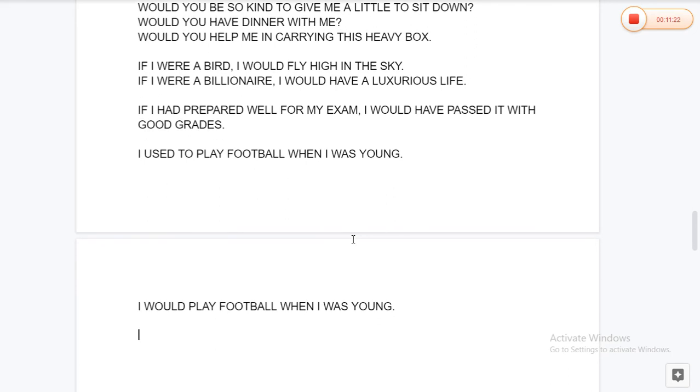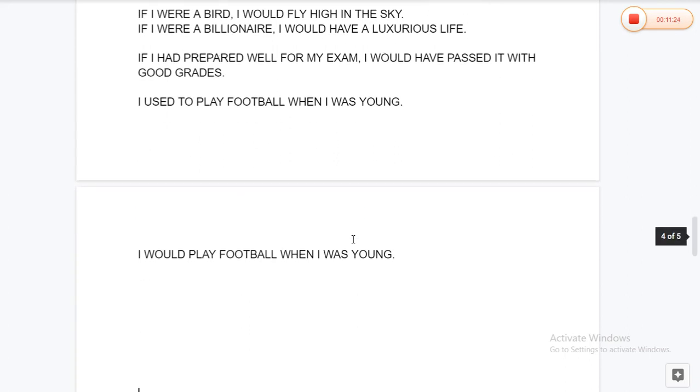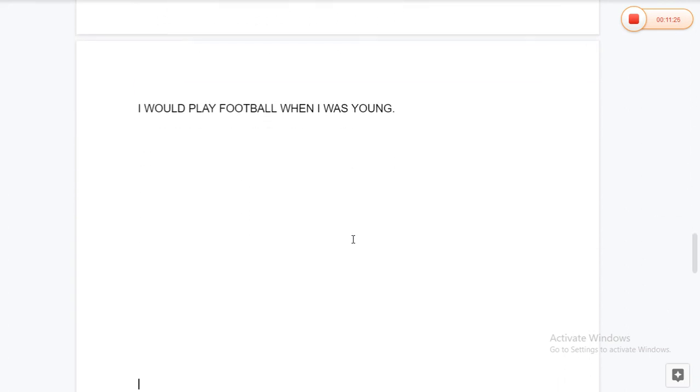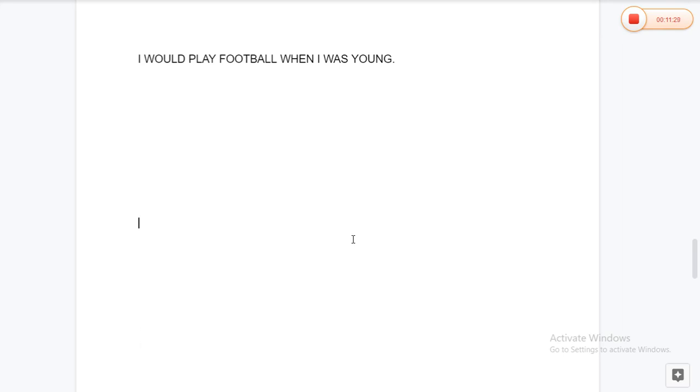The next model that we take is should. Should as model expresses the best option or course of action.